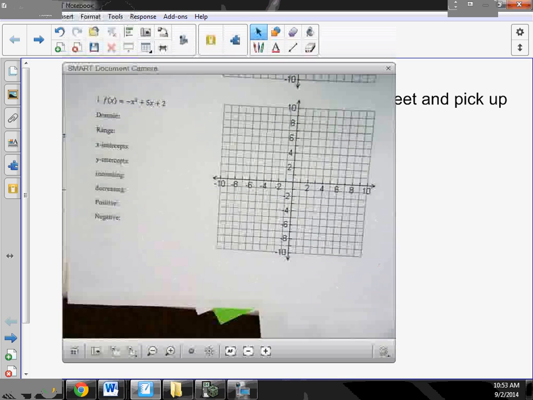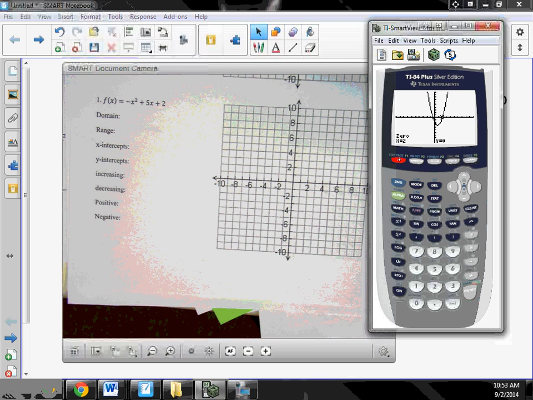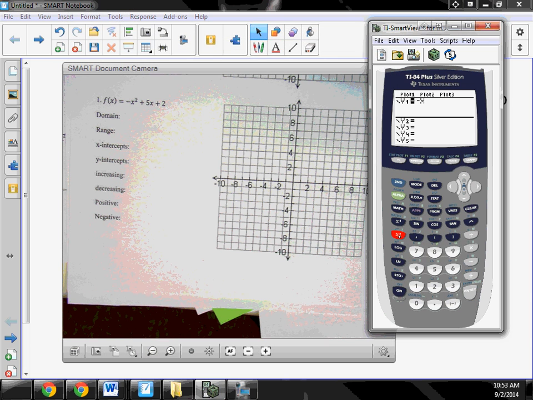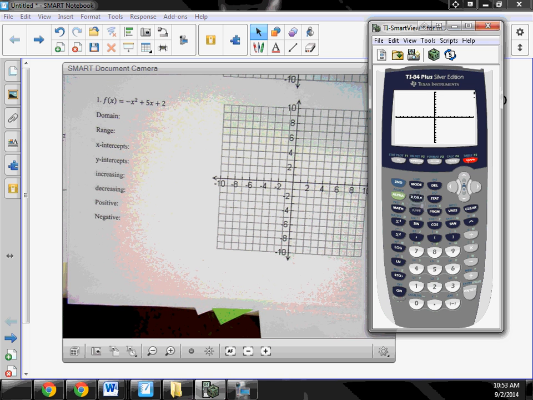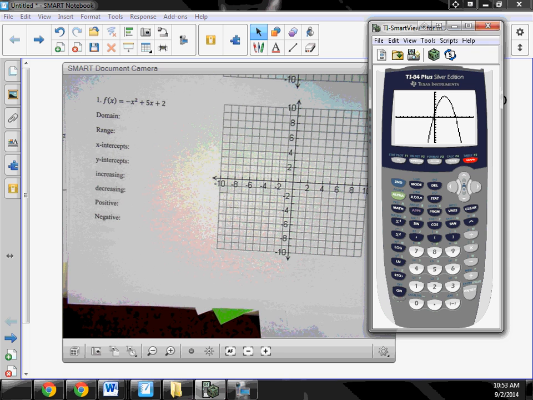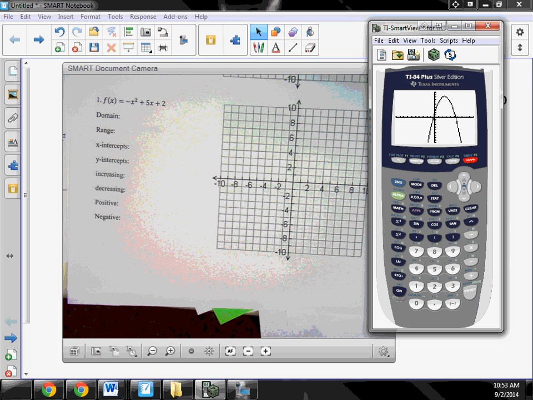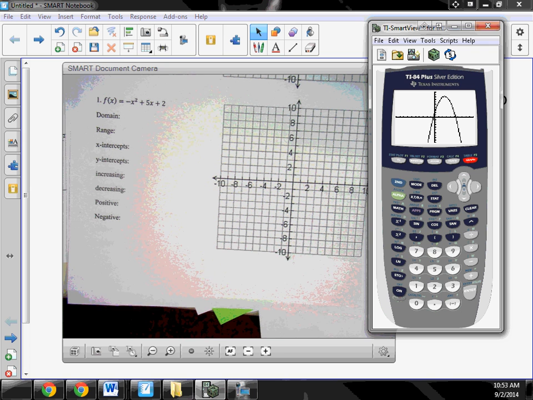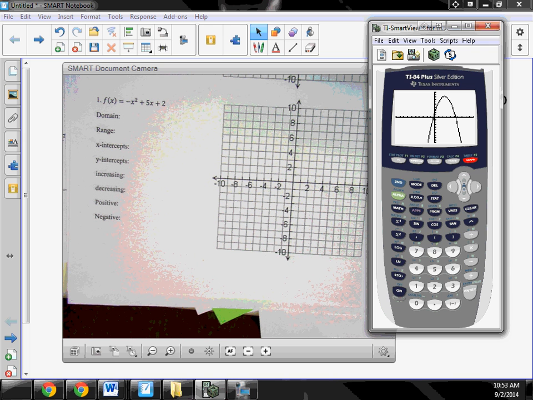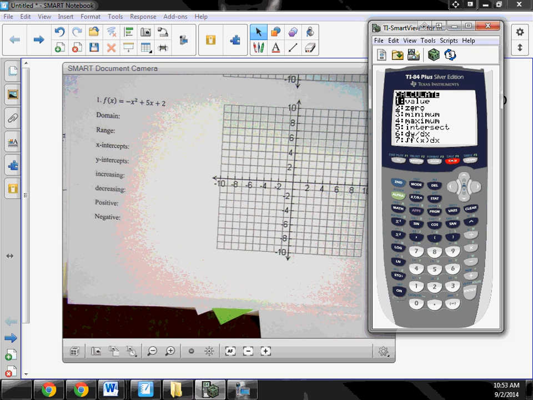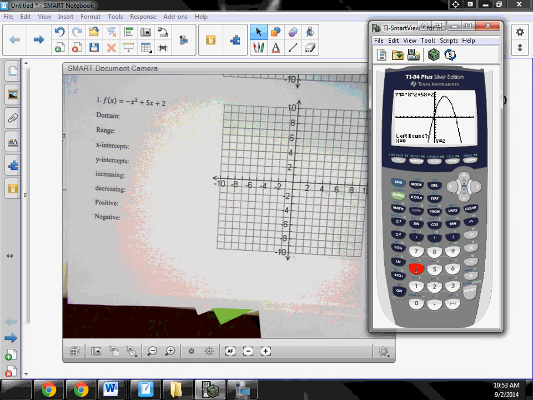If I graph this, go to y equals negative x squared plus 5x plus 2. Now I need to find the maximum. So I'm going to push second calc maximum. It looks like it's about 3.5.